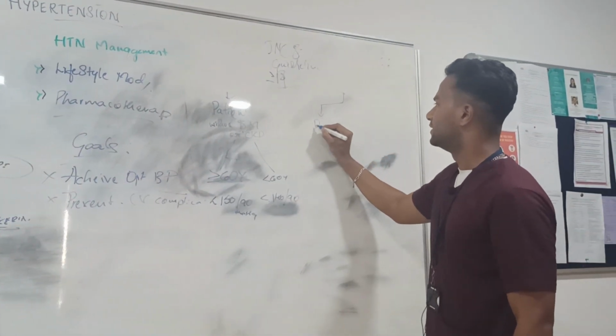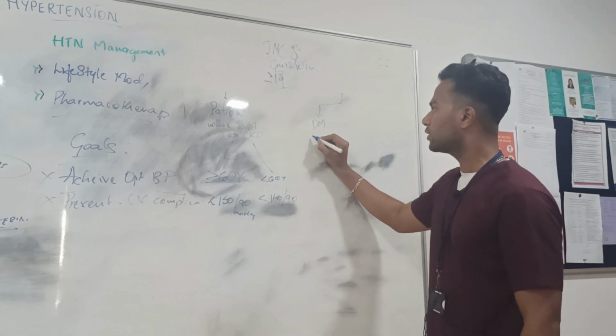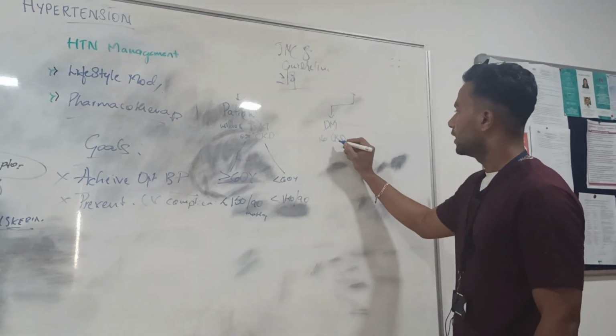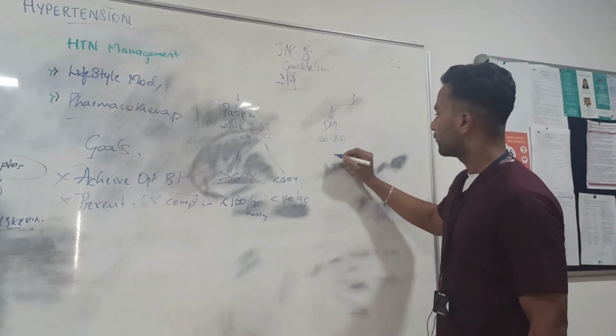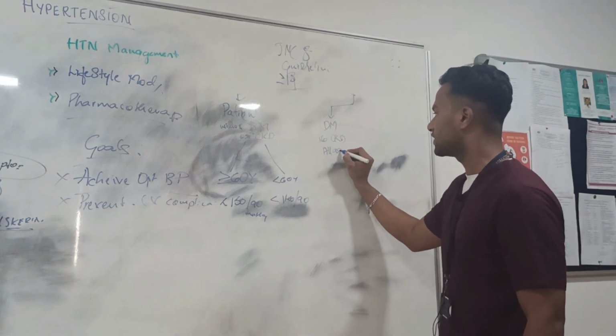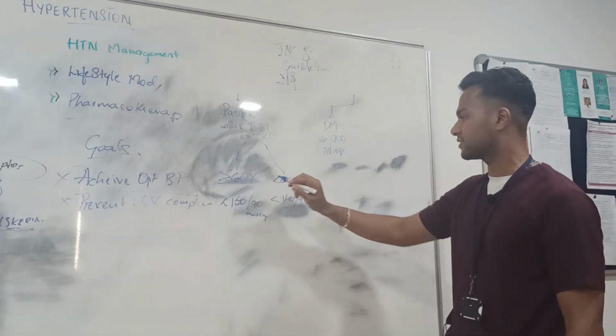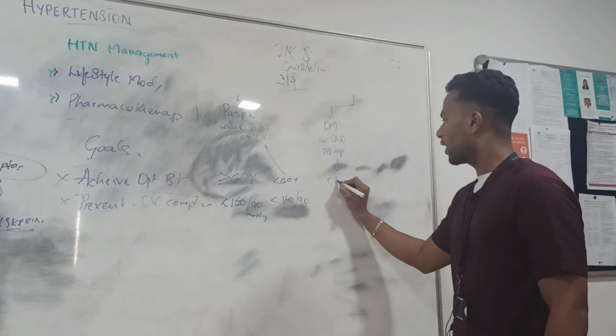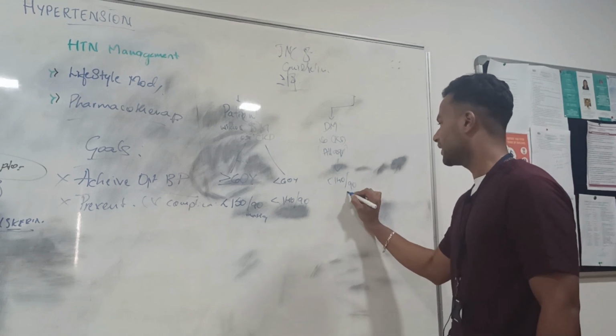If the patient is a diabetic patient without CKD, for all ages, there is no differentiation like less than 60, the target will be less than 140/90 mmHg.